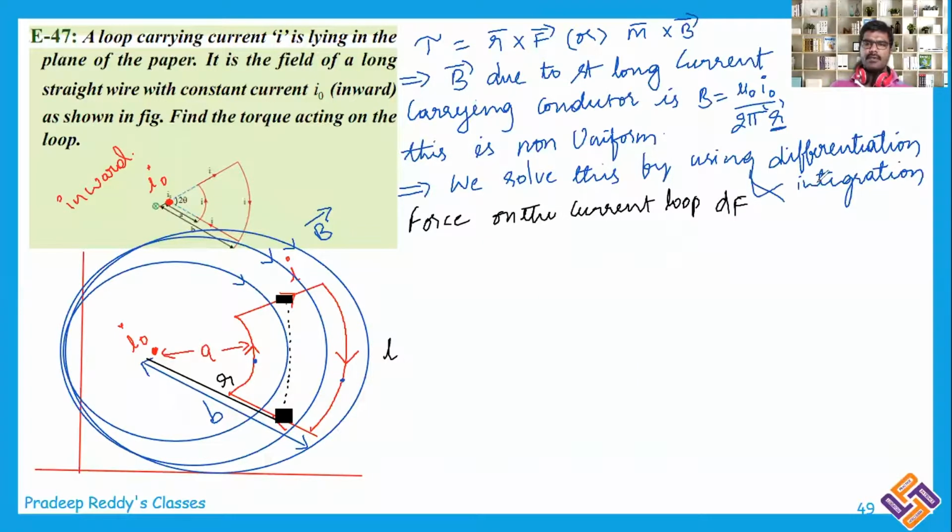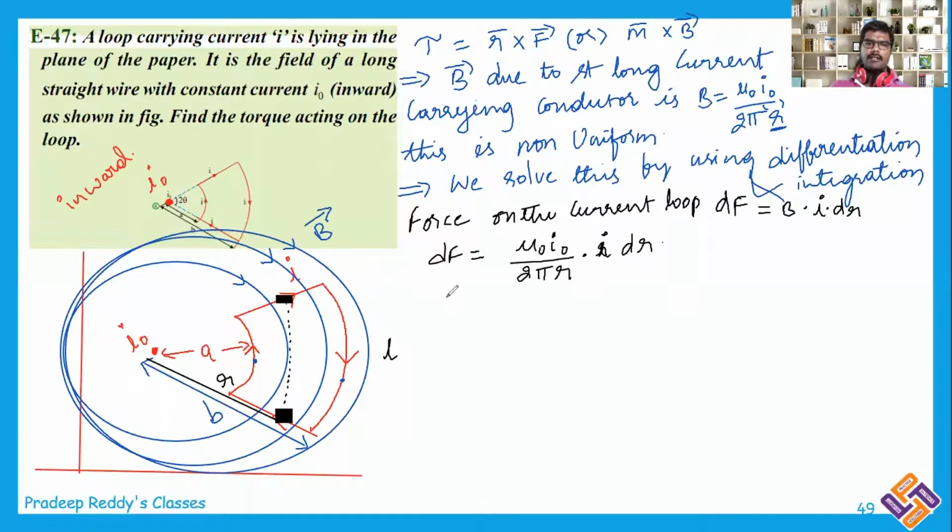Force dF is equal to B, the magnetic field, into I into dr. Where B is the magnetic field, dF is equal to mu naught into current I naught divided by 2 pi R, for the element I am taking at R, into I, where I is the current in the conductor, into dr. Now this is dF.